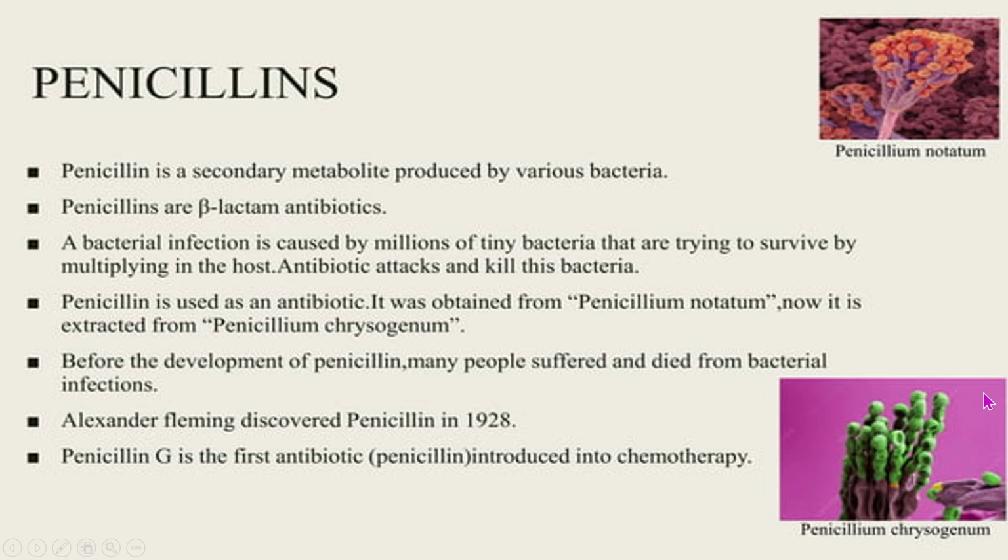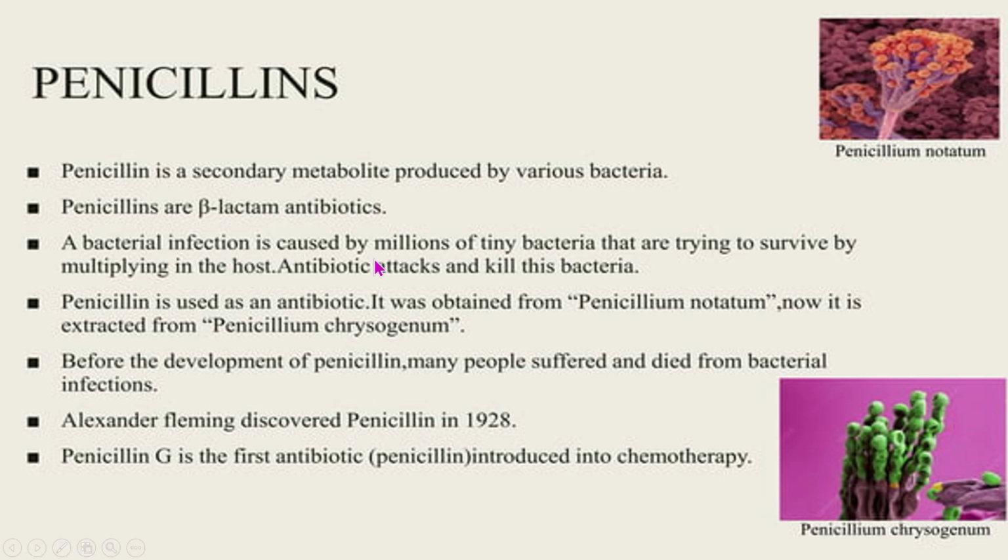Penicillin is a secondary metabolite which is produced by microorganisms. Penicillin has the presence of a beta-lactam ring in its structure. Now we will see the meaning of the word beta-lactam. Beta-lactam is a structural feature which we will show in the next slide.